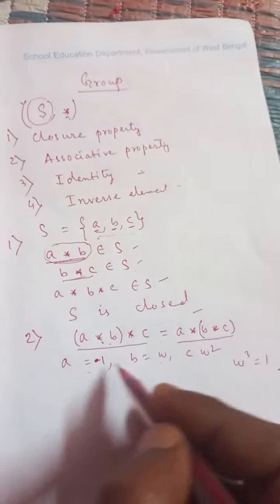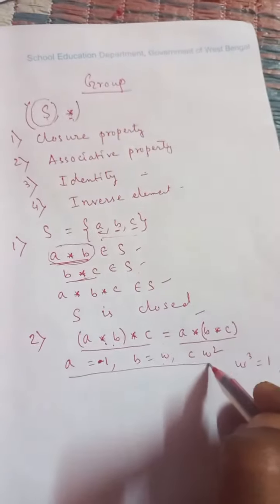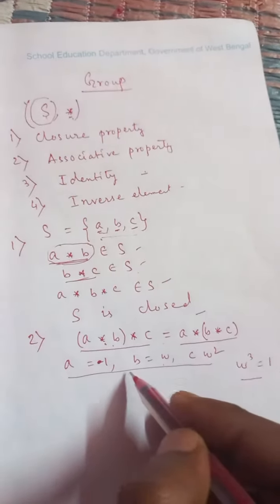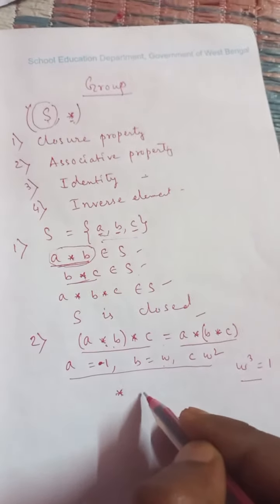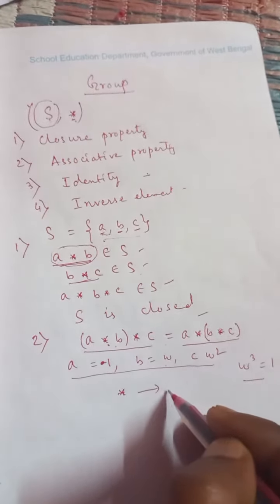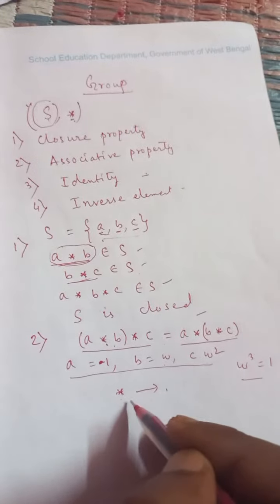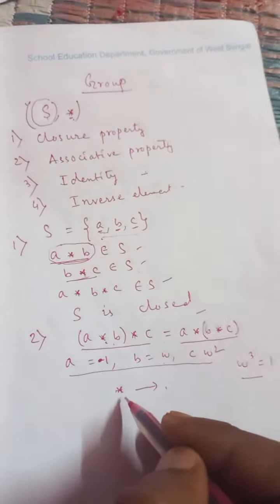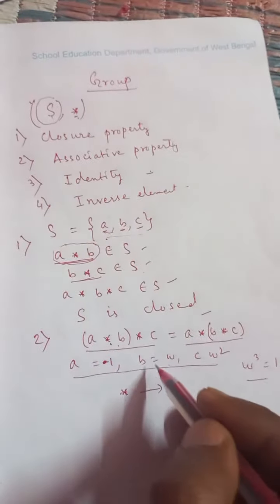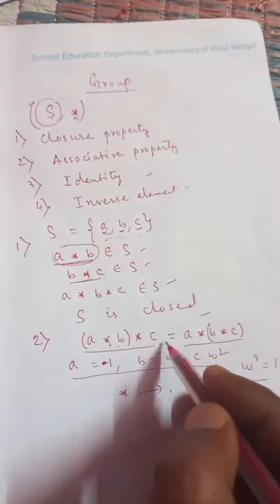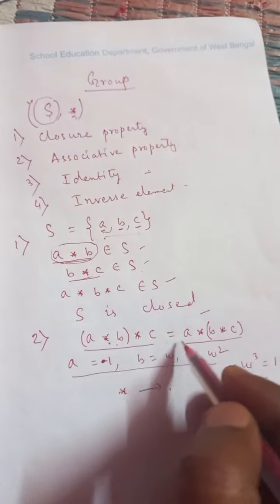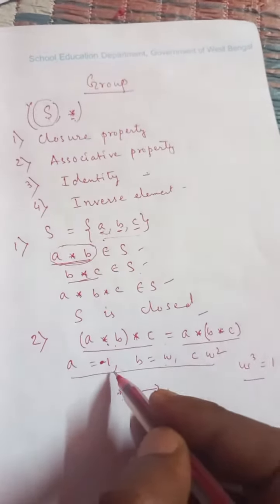In this example the binary operation is multiplication. Here star is multiplication, though it can be addition, subtraction, division, any binary operation. With respect to multiplication, the set 1, omega, omega square satisfies the associative property.